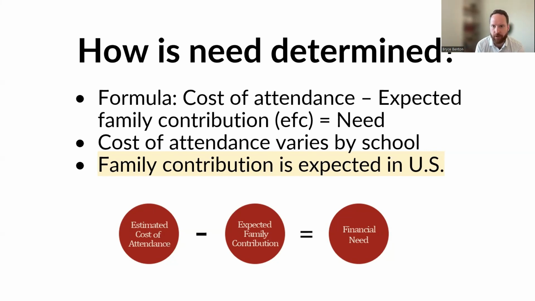Again, EFC is determined by a variety of applications, so that'll come from those. But that's how your need is determined by the institution that you're applying to, right? So if you're applying to Denison, the estimated cost of attendance last year was $74,000. Your expected contribution is $24,000. Roughly your need would be $50,000, right? That would be the gap that you would need to fill.